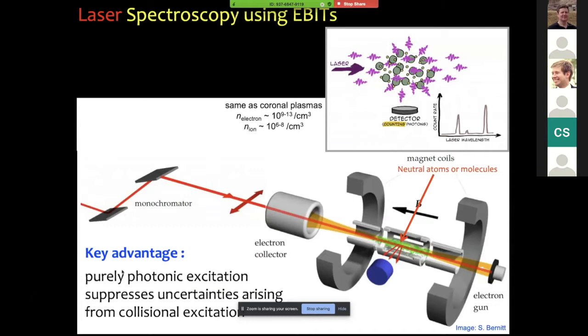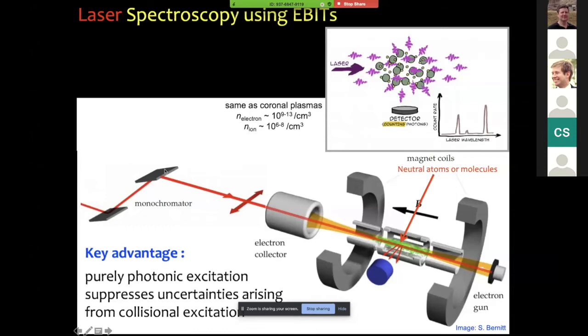The measurement technique is very simple: we produce and trap the ions in the EBIT of our choice, then we shine the laser on these trapped ions, photo excite them and let them fluoresce, and simply detect this fluorescence with a typical X-ray detector as a function of laser wavelength. This laser wavelength we can select by scanning the monochromator.